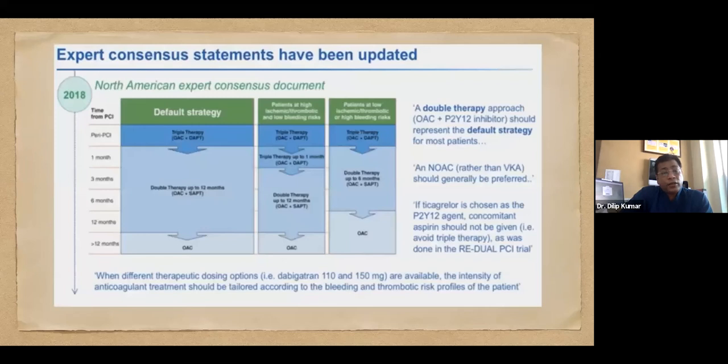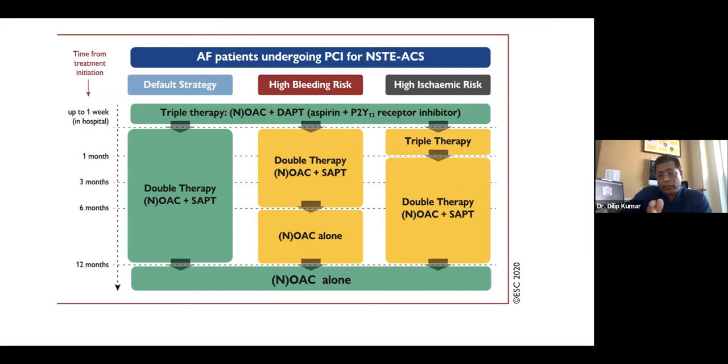But in the North American expert consensus document way back in 2018, they had suggested the strategy of only peri-PCI triple therapy as a default strategy, followed by dual therapy up to 12 months, followed by oral anticoagulant. And this is what has been accepted by ESC as well, probably driven by the AUGUSTUS sub-study and AUGUSTUS trial.